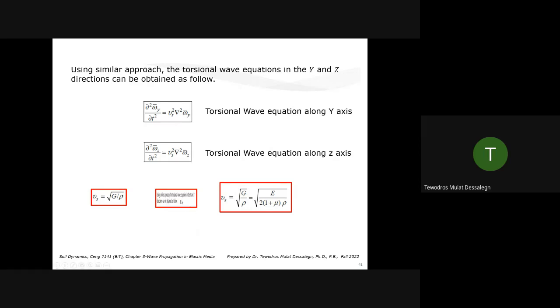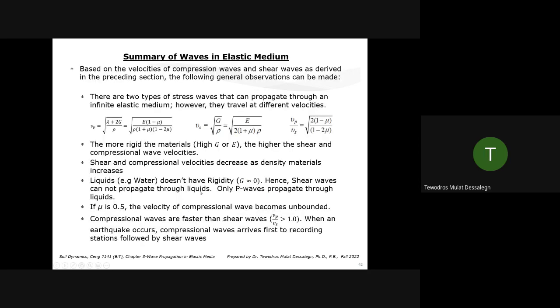This must be an error. I'll fix it. Usually this should be an equation rather than a statement inside. Maybe a copy-paste error. I'll fix it and send you another slide.